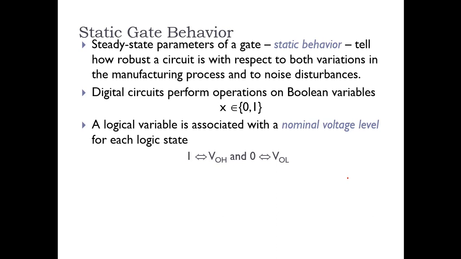Static gate behavior. So you want your gates to behave the same, irrespective of variation in manufacturing processes and noise disturbances. So we talked about noise disturbances, but there can be variation in manufacturing processes.